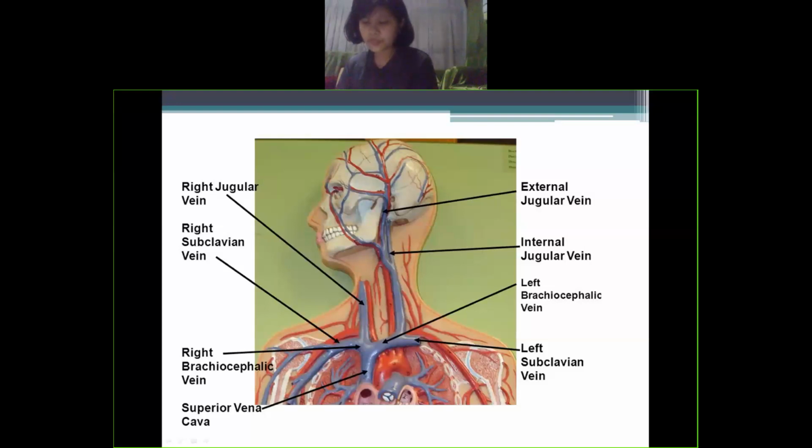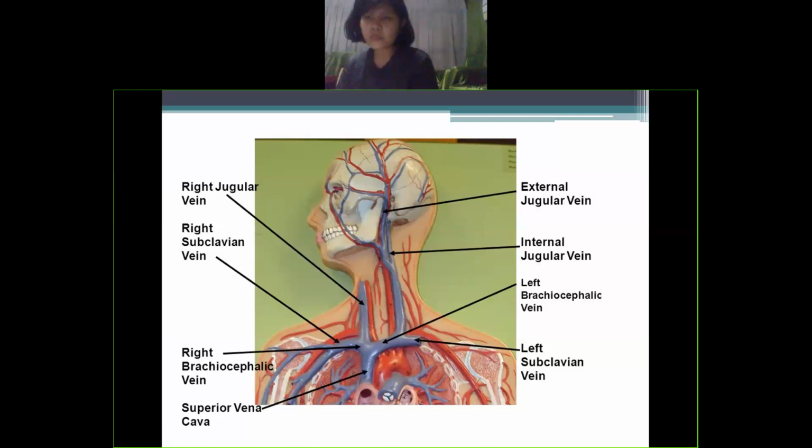Okay, internal jugular vein. They will unite with the subclavian vein. This is the internal jugular vein and this is the subclavian vein. In subclavian vein also two are there, right and left side. So these two, the subclavian vein and the internal jugular vein, what happens? They will unite together.